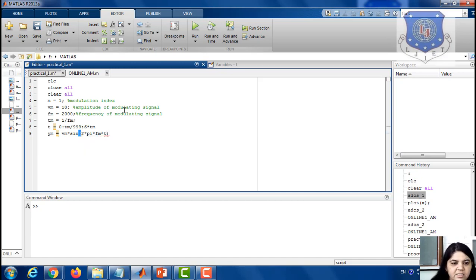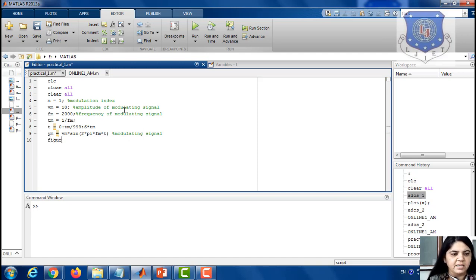This is the equation for the modulating signal.